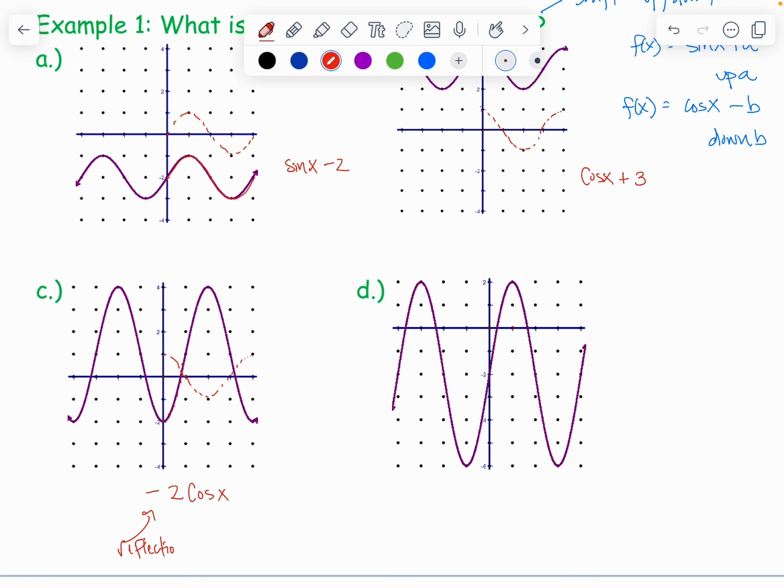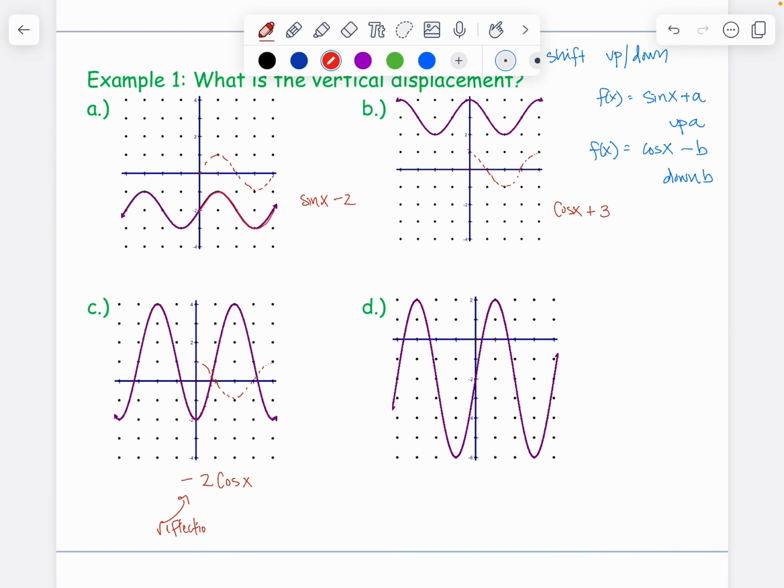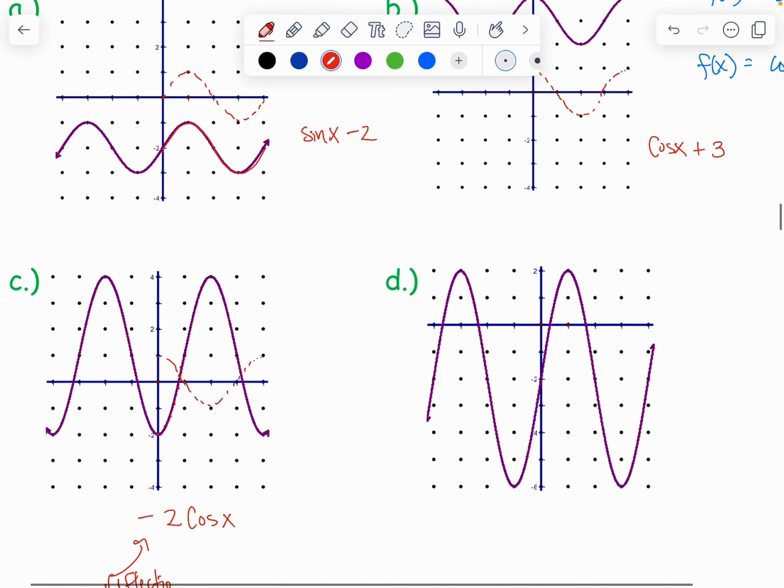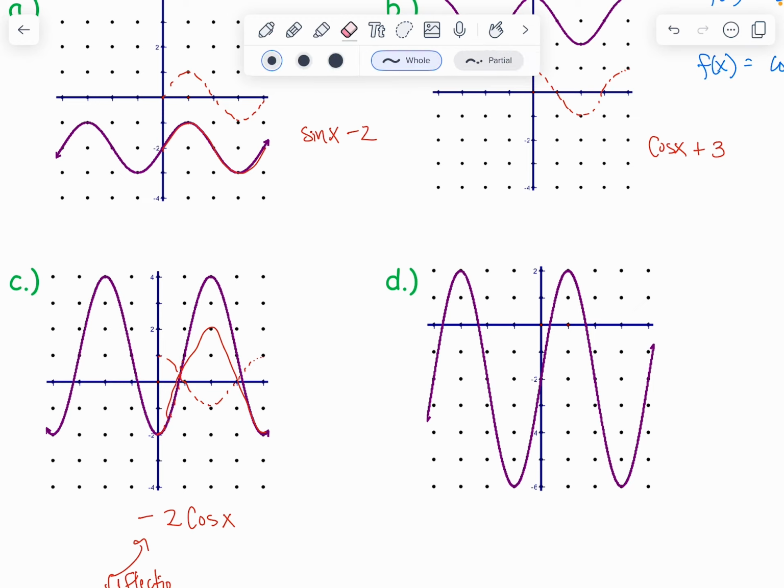Let's see. If it was just -2 cosine x, then this is what it would look like, right? But it appears to also have been stretched. So let's see. If we can't get it with cosine, maybe we've got it with sine. Let's see if maybe it was the sine function moved over a little bit.